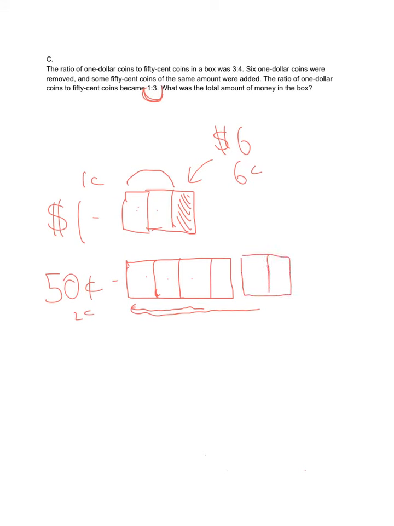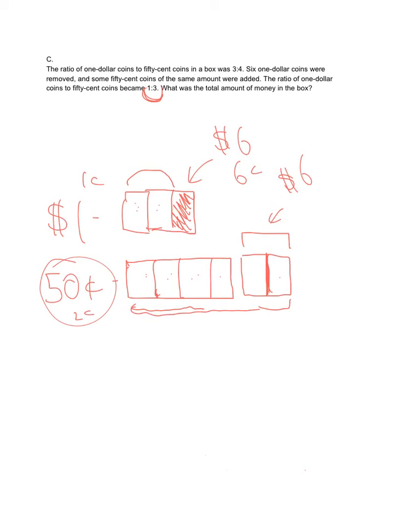So if I add 2 units of these 50-cent pieces down here, I end up with a total of 1, 2, 3, 4, 5, 6 to 2. 6 to 2. 1 to 3, 2 to 6. I've got my 1 to 3 ratio, which means then that these two units right here are worth the same amount money-wise as this unit, which is $6. But we can't write down 6 coins because we have to remember that these units down here are made up of 50-cent pieces.